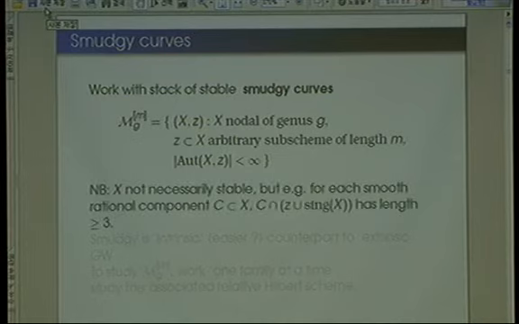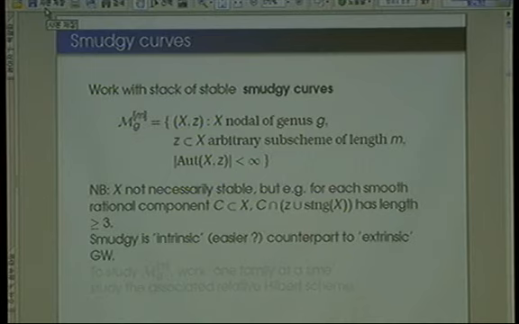So the curve X is a nodal curve. It's not automatically stable, but its lack of stability is easy to understand. There just has to be at least a length 3 amount of special material on each rational curve.